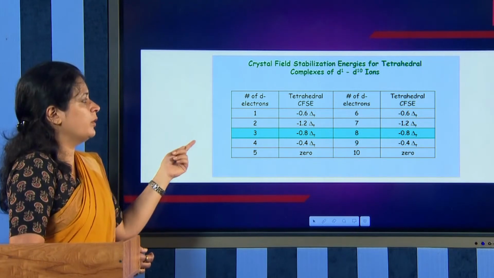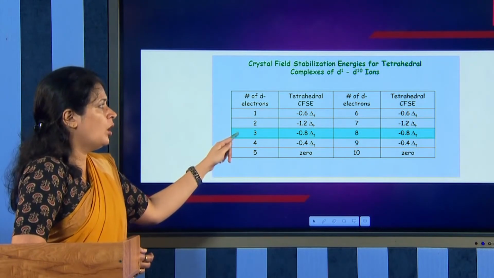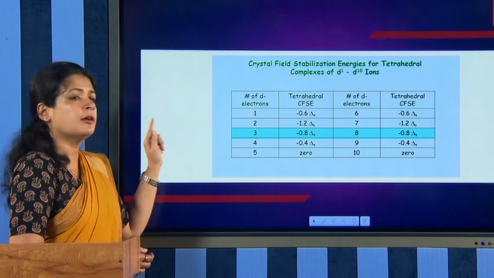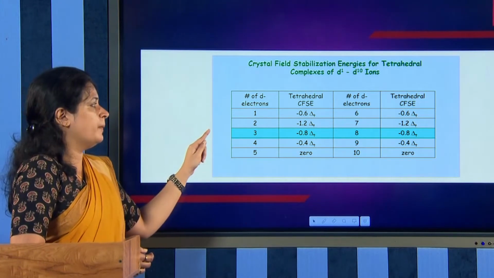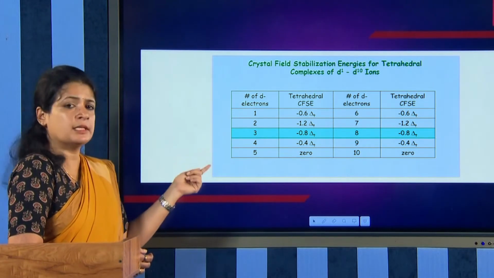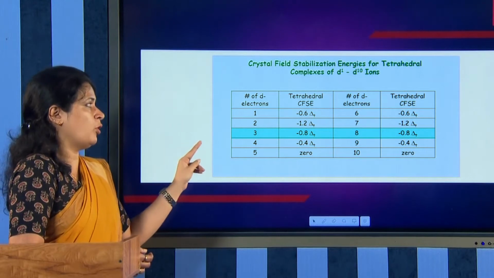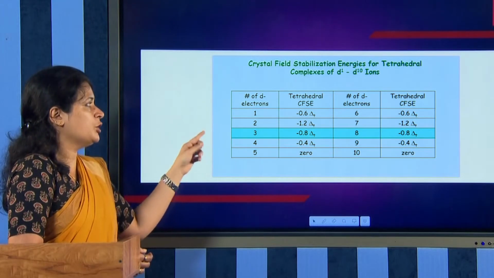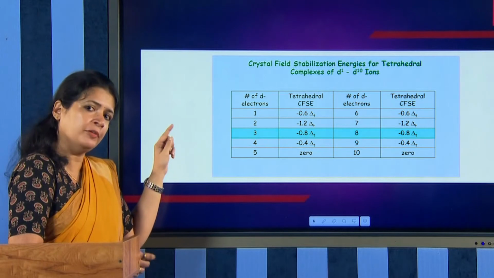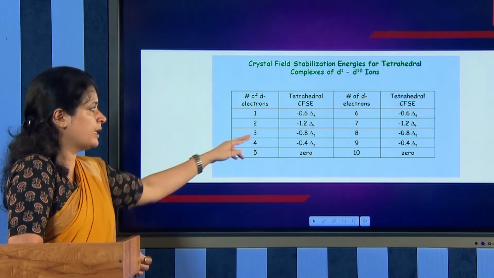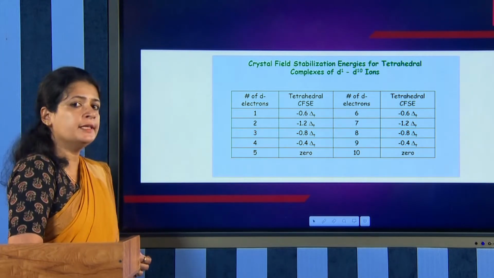So we have to calculate 2 into minus 0.6 plus 1 into plus 0.4. So what will be the case? The answer will be minus 0.8 delta T.